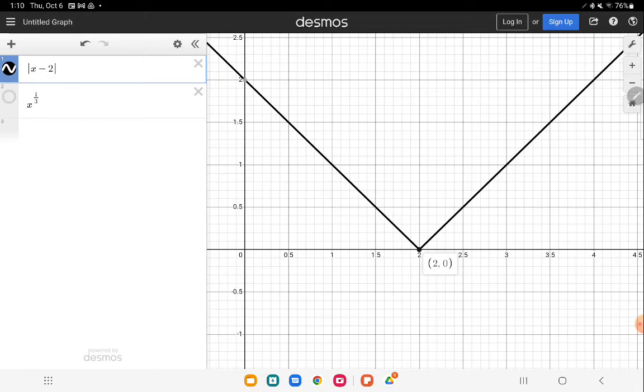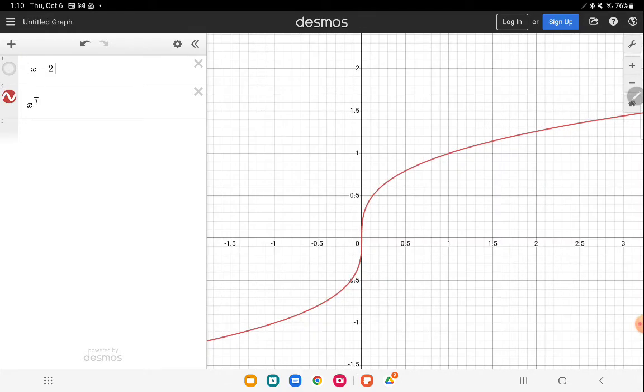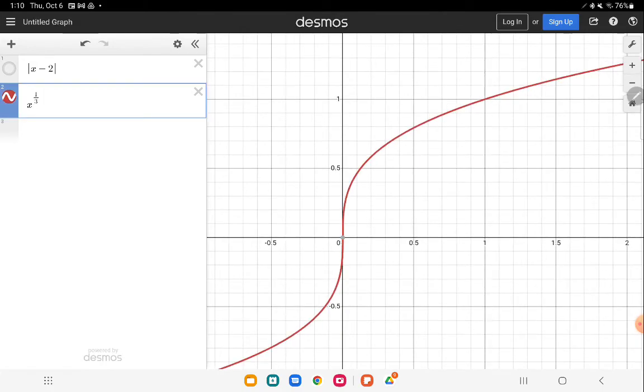And then the next one would not be differentiable at (0, 0), because it has a vertical tangent at that exact point. So if we were to use the definition of the derivative for x to the 1/3 at 0, it would not exist, because you would have 0 in the denominator. But if we did it at 0.00001, then it would. But at 0, it would not be differentiable.